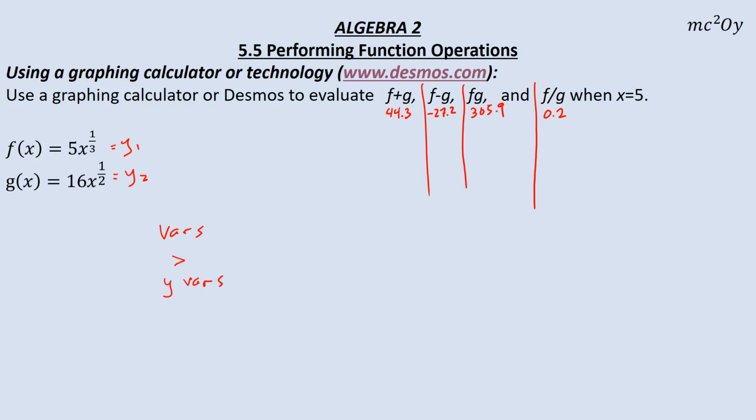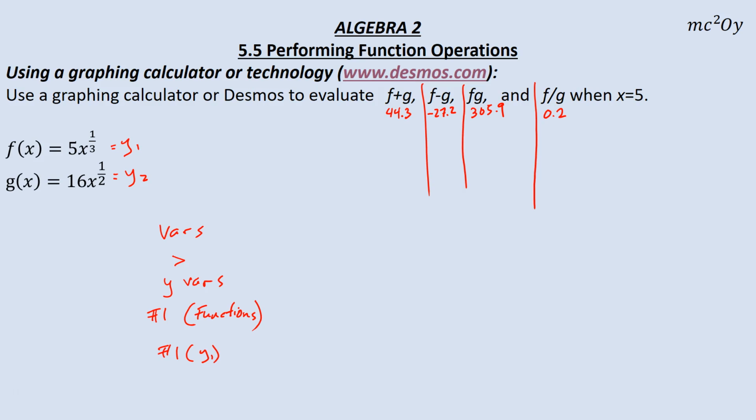Then option 1, which is functions. And you want to select y sub 1, which is option 1.